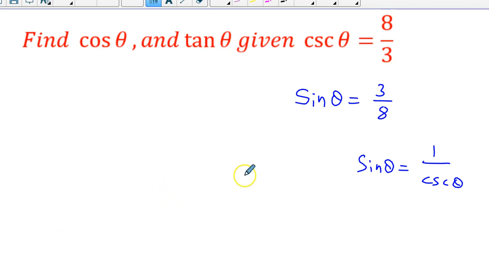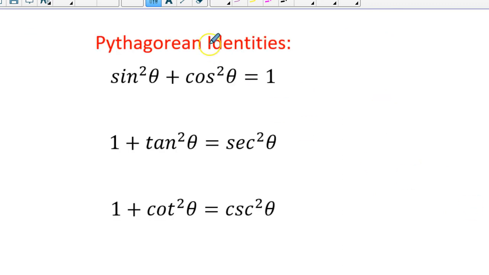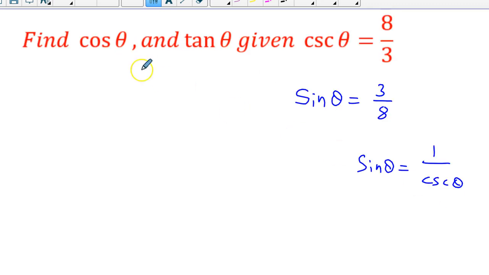Okay, but our task is to find the value of cosine and also the tangent. Now, making use of the sine and cosine Pythagorean identity, which says sine square theta plus cosine square theta is equal to 1, we will be able to find this cosine from sine. Let us see.